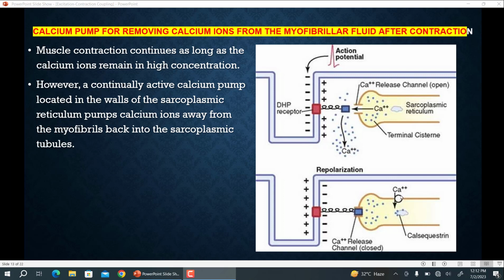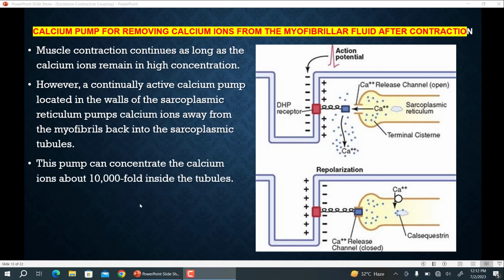This is an energy-dependent pump by which calcium is taken back into the sarcoplasmic reticulum. This pump can concentrate the calcium ion about 10,000-fold inside the tubules.